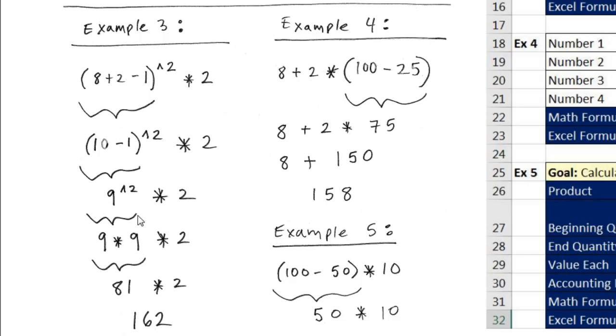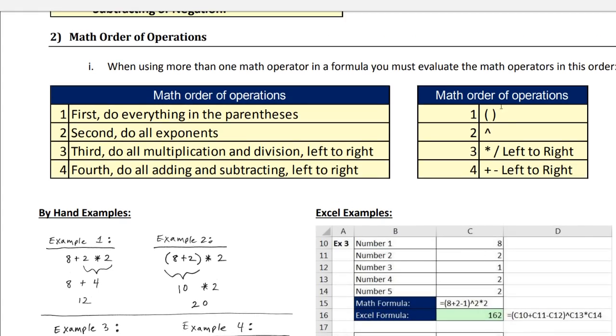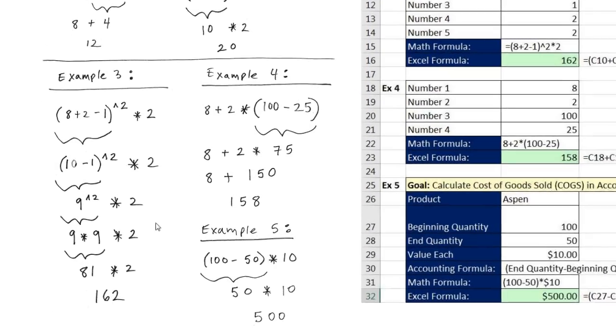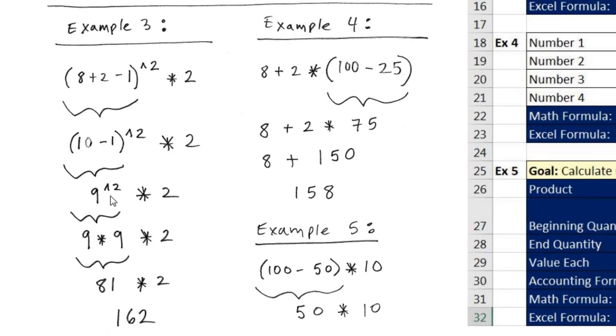Now we have from left to right only two operations, exponent and multiplying. If we look at our little list, exponents come next, so we will do exponents. Now, what in the world is an exponent? An exponent, or that caret, that's what we'll use in Excel, just means there's two things.